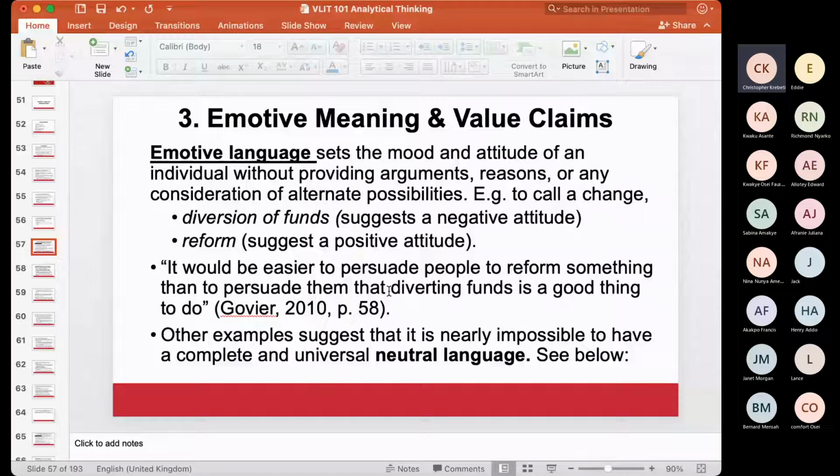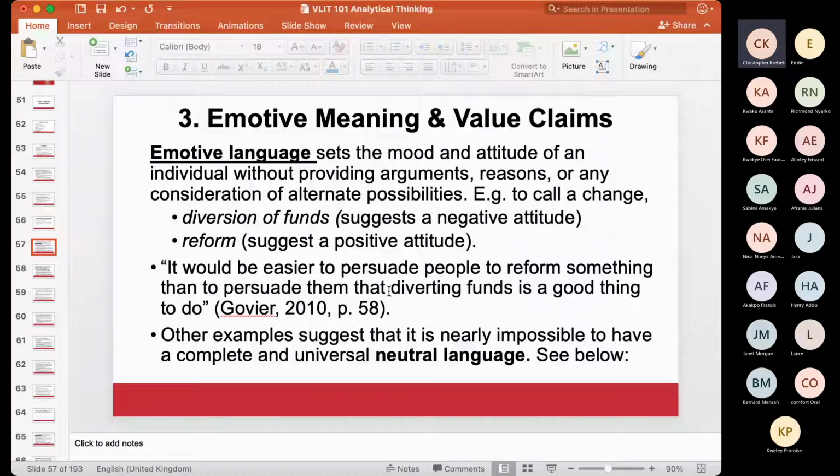And let's say we also talk about change in the form of reform. So we are bringing reform to the financial sector. Now, if you hear the word reform in the financial sector, it tends to be very positive. And this was what the government in power actually did in their first years in power when they came in.